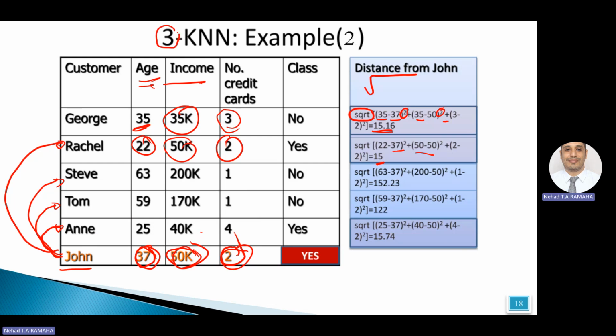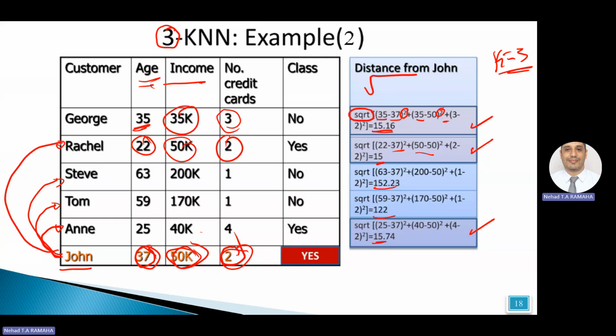K equals 3, so we take the closest 3 neighbors. Why 3? K equals 3, so the closest 3 elements in the training set.